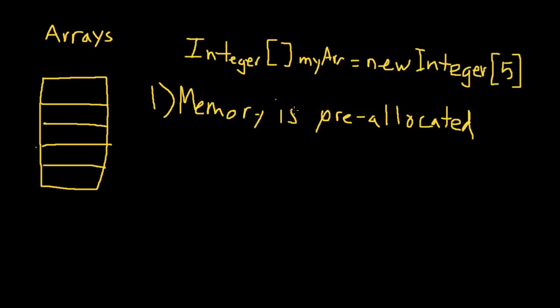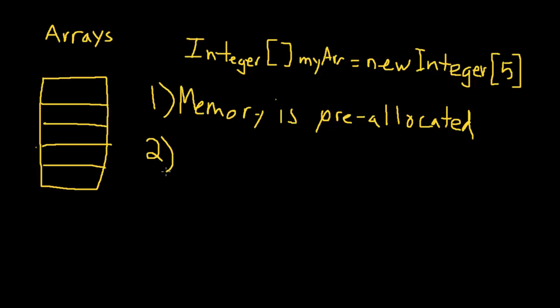It means that the moment I create my new integer array called myR, it allocates whatever size an integer object is, it allocates 5 times that right here. Or I guess it starts as null, so not necessarily, but in general memory is pre-allocated, so it could be very wasteful.